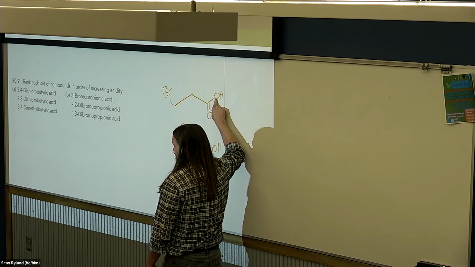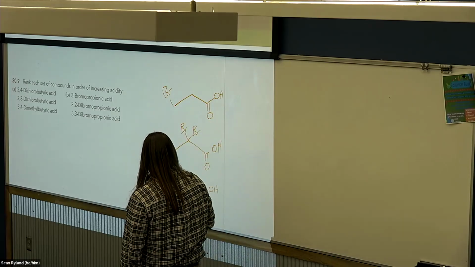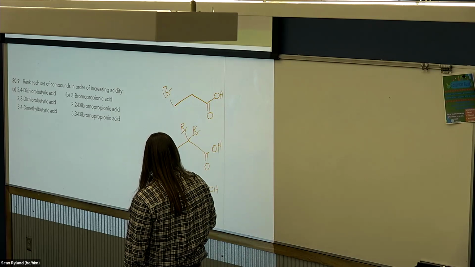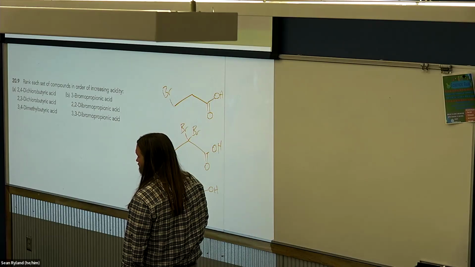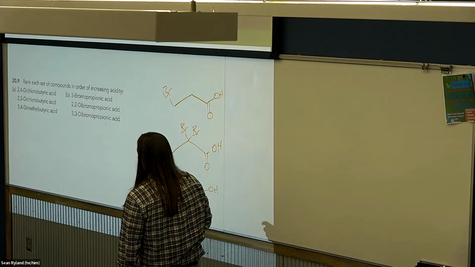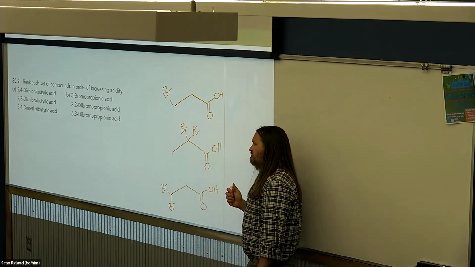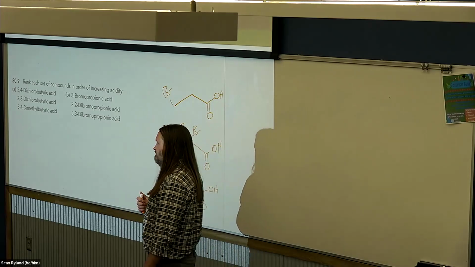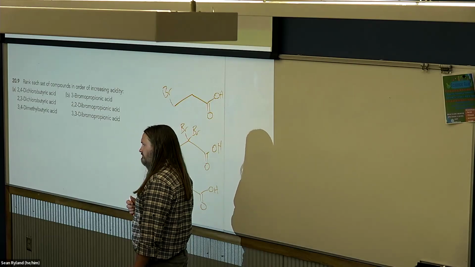Oh boy, okay, so maybe I have to write first. Then the farther the stuff is away from the OH, the less acidic. Yes. But I thought the more electron density makes it more acidic.